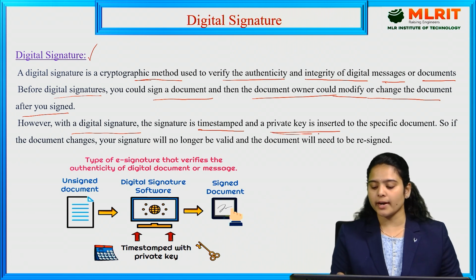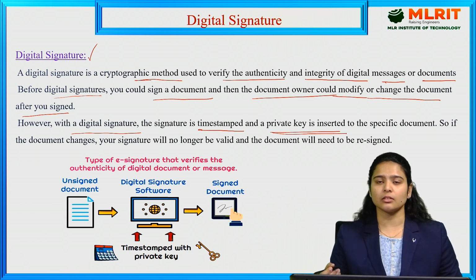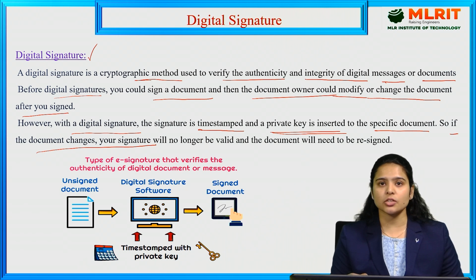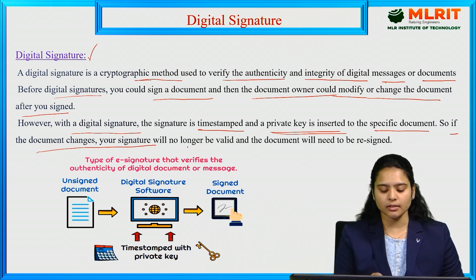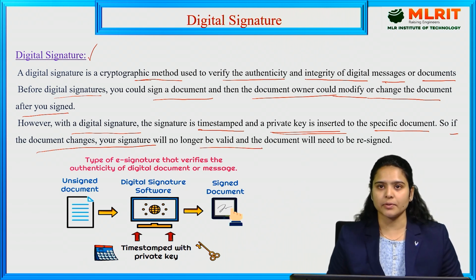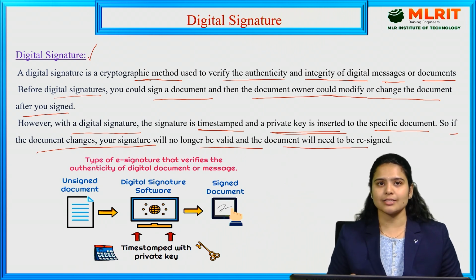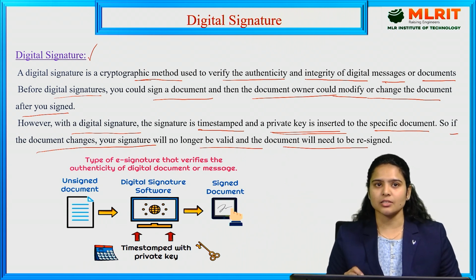That's why, for the digital signature, the private key is inserted into the specific document. So if the document changes, your signature will no longer be valid, and the document will need to be re-signed. That is called a digital signature.